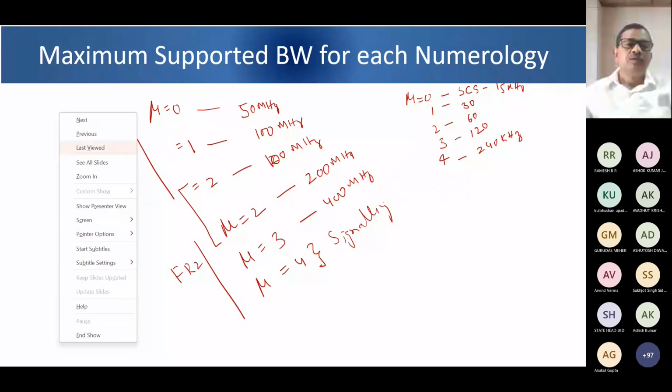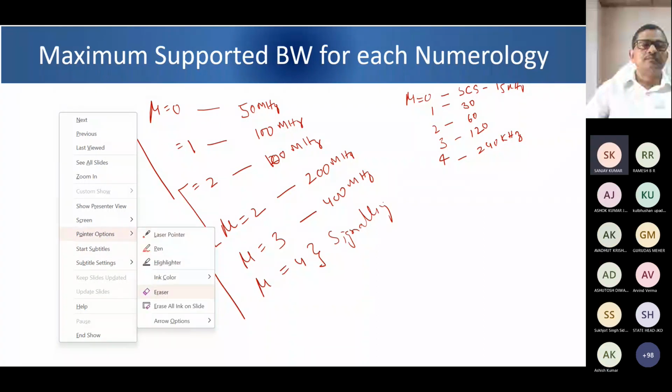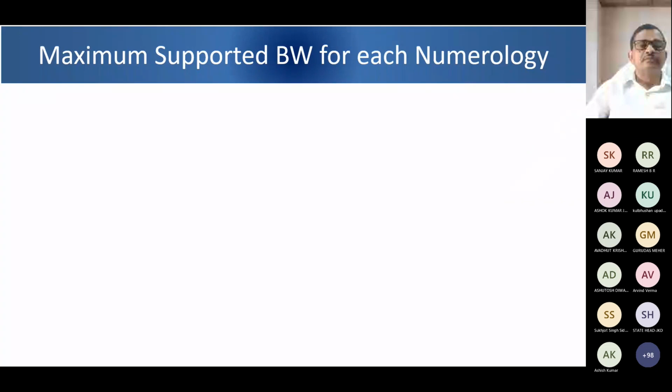Why are we having a concept of numerology in 5G? What is the practical aspect of having numerology? Very good question. 5G has various use cases. In one use case, we call it large coverage area, or coverage for IoT, coverage for rural areas.